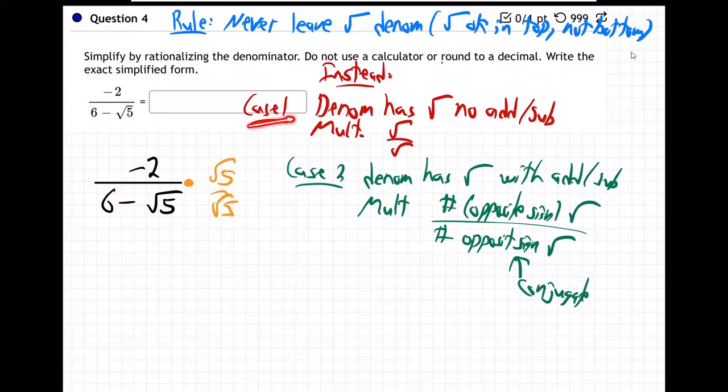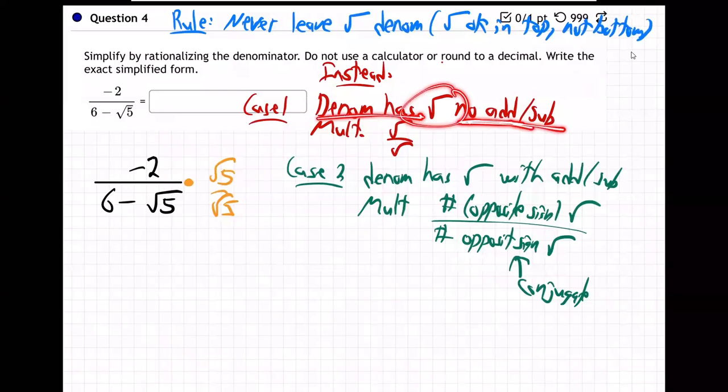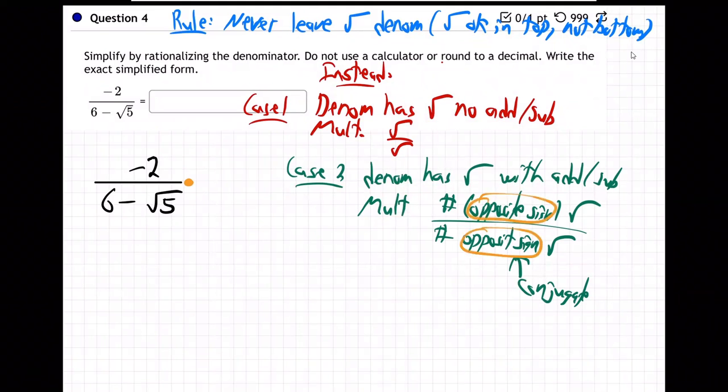So case one, if you have a denominator with a root and no adding, subtracting, no big deal. Just multiply top and bottom by the root. But case two, if your denominator has a root with adding, subtracting, that's a lot harder. You have to multiply by something called the conjugate, which means number, opposite sign, root.